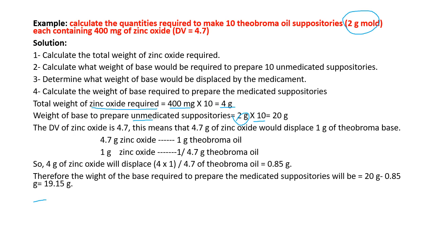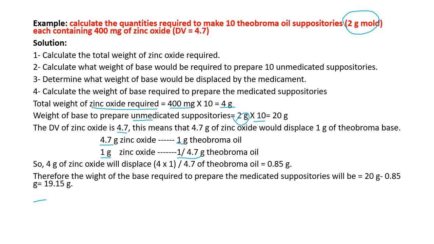The displacement value of zinc oxide is given by the question to be 4.7, which means that 4.7 of zinc oxide will displace 1 gram of theobroma oil. That means 1 gram of zinc oxide will displace 1 over 4.7 grams of the theobroma oil.